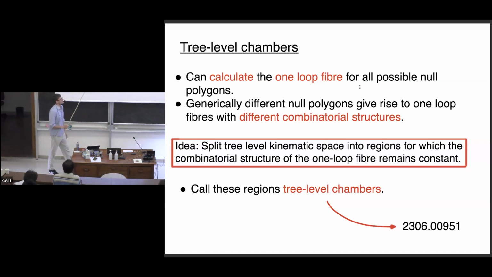The key idea is to split the tree level kinematic space into regions for which the combinatorial structure of the one loop fiber remains constant. These subregions of the tree level kinematic space, I'm going to refer to as tree level chambers.